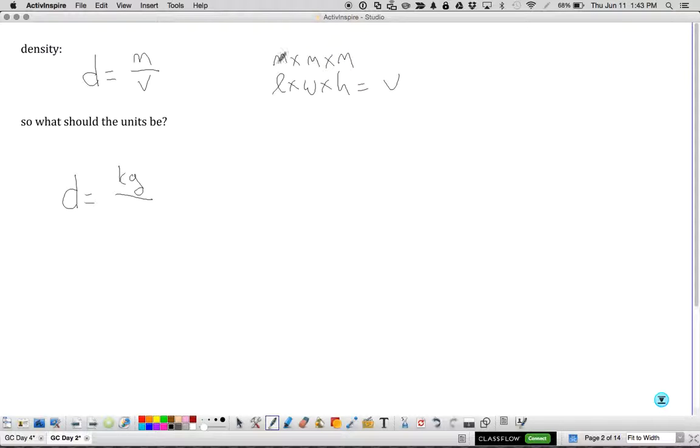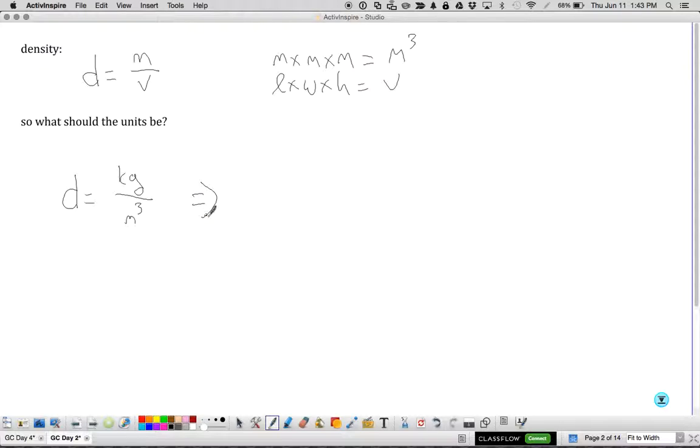So the SI unit for volume is meters cubed, all right, kilograms per meter cubed. Now, I can almost guarantee you that we will not use this unit for density ever. It's not a helpful unit.